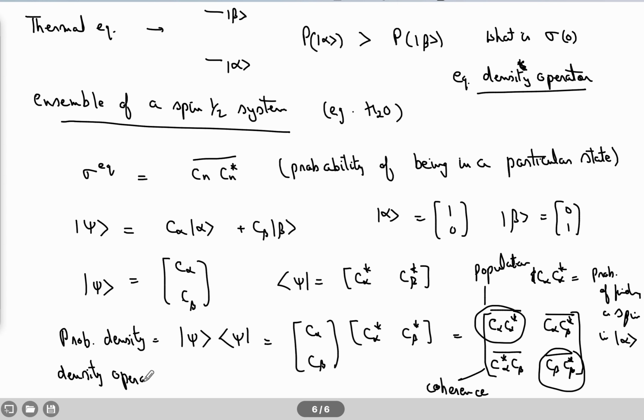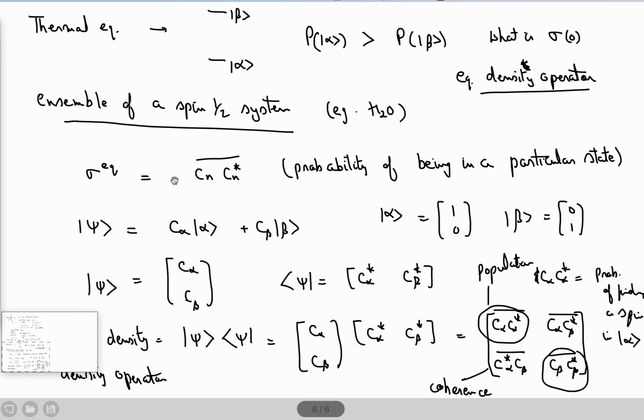I just wanted to remind you that at thermal equilibrium there is no off-diagonal element, no coherence, no transverse component of the magnetization. There is only the longitudinal component, which just gives you the population, the probability of being in a particular state. The density operator is given by Cn star Cn, with the ensemble average.